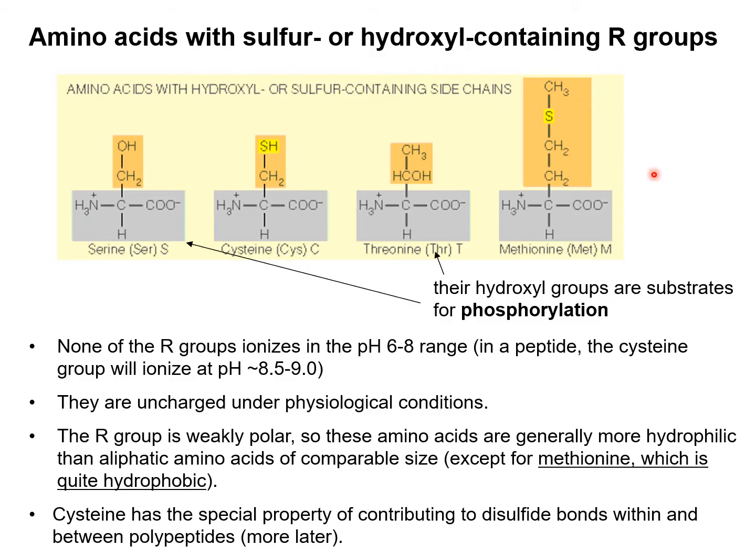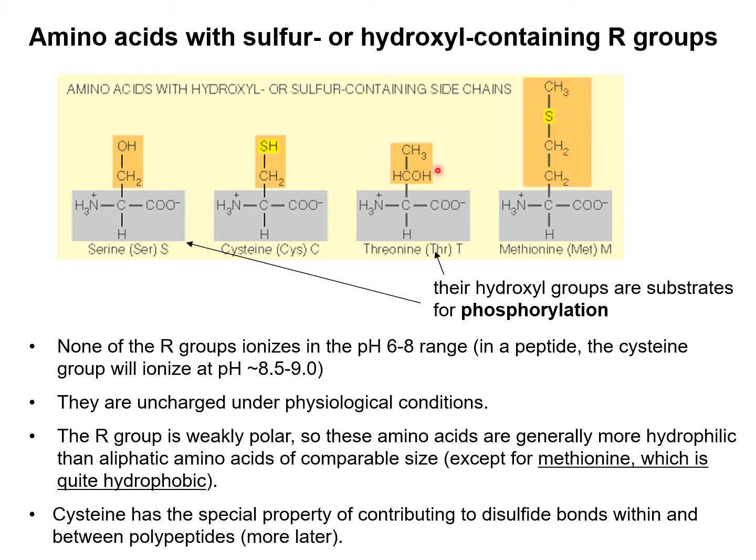And these are the amino acids with the sulfur or hydroxyl group containing R groups. Serine has a hydroxyl group, cysteine has a sulfhydryl group, threonine has the hydroxyl group in the middle of the side chain, and methionine has the sulfur atom in the middle of the hydrocarbon chain.